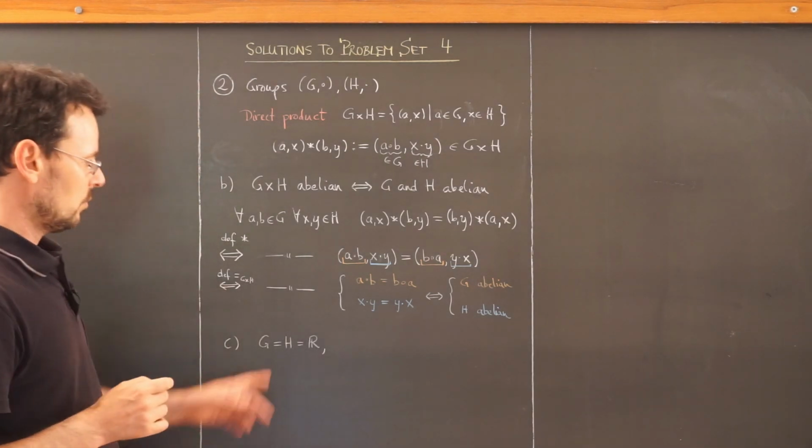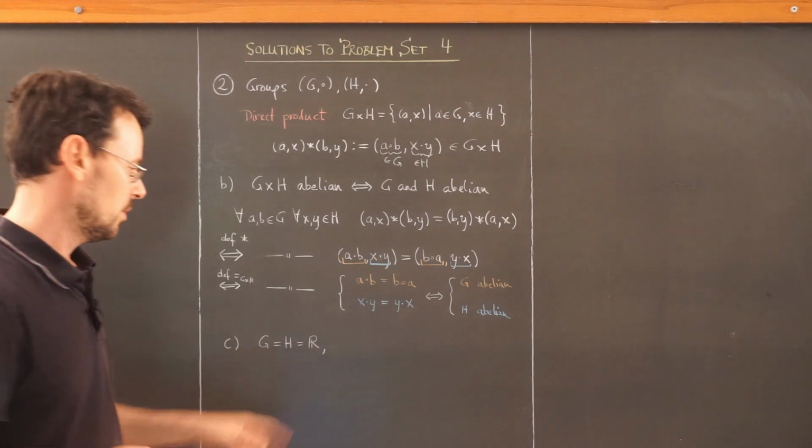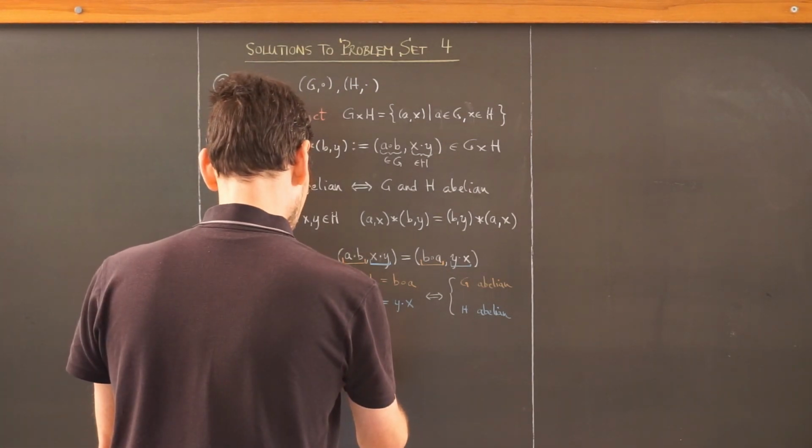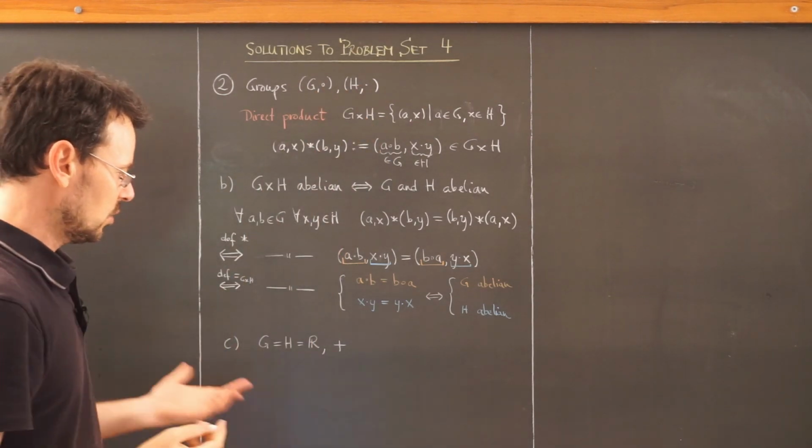Now last question, what happens with the direct product if the groups are simply the real numbers and both operations circ and dot are addition?